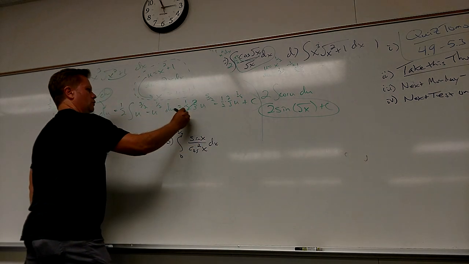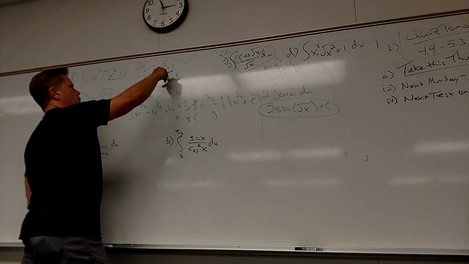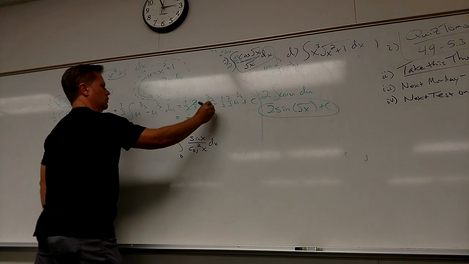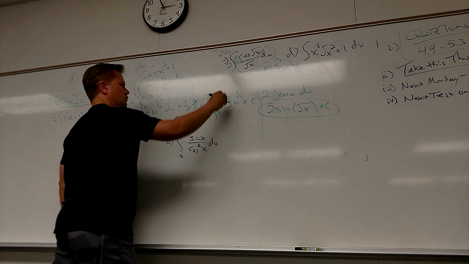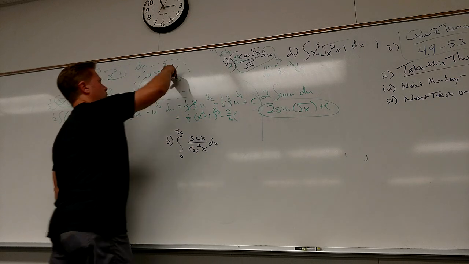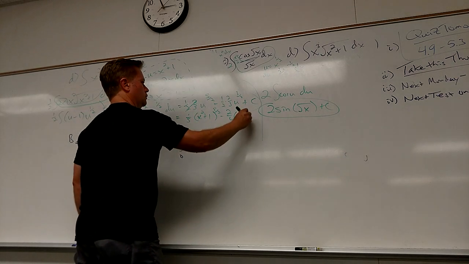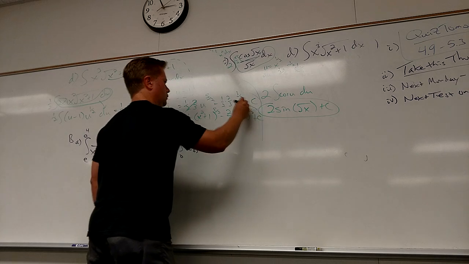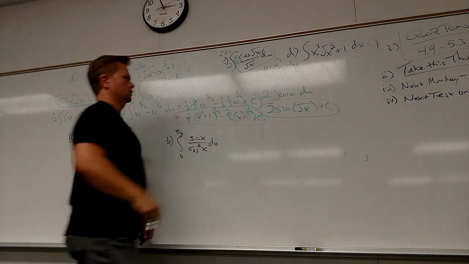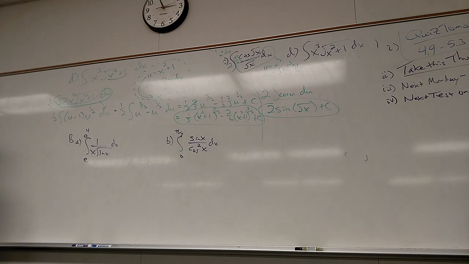So I get 1/5, what was u, x squared plus 1, to the 5/2, minus 2/6, bless you, x squared plus 1, to the 3/2 plus c. Craziness. So u sub won't always work, but it will work more than you first think it will.